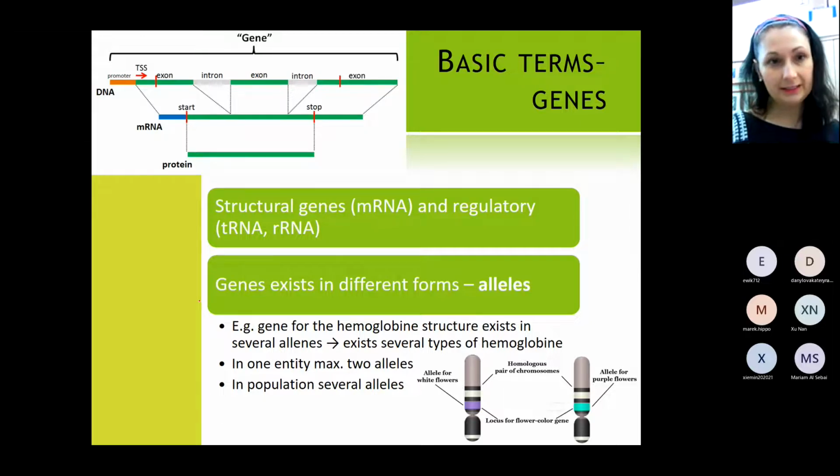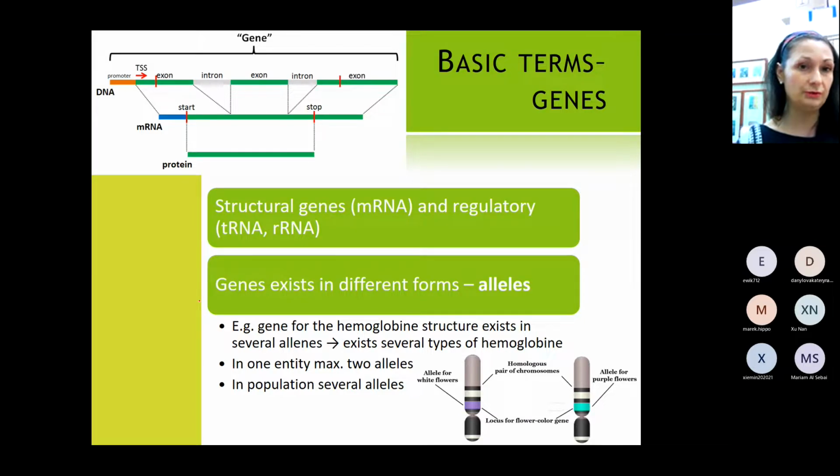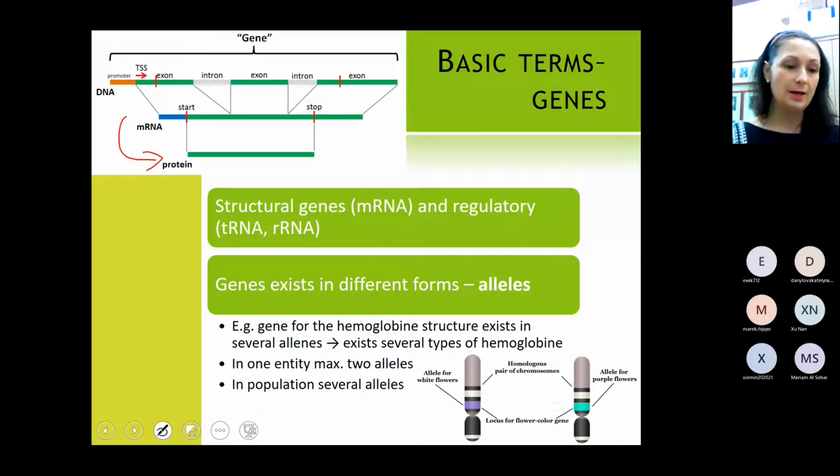Now we are finding that there are also some regulation parts of DNA which serve for the production of tRNA, ribosomal RNA, for example, not only for messenger RNA, which serves for the production of proteins, but also some regulation parts of our genome which serve for the synthesis of microRNA, which has a very big regulatory function in proteosynthesis, for example.